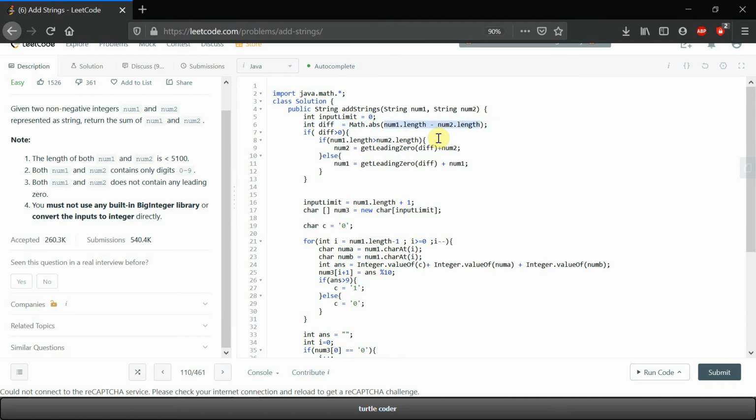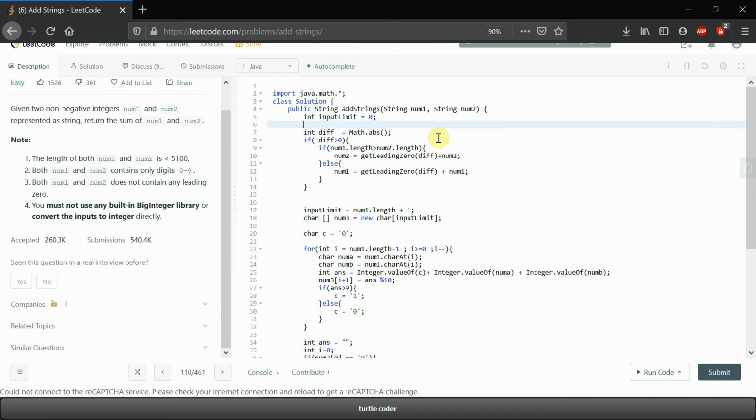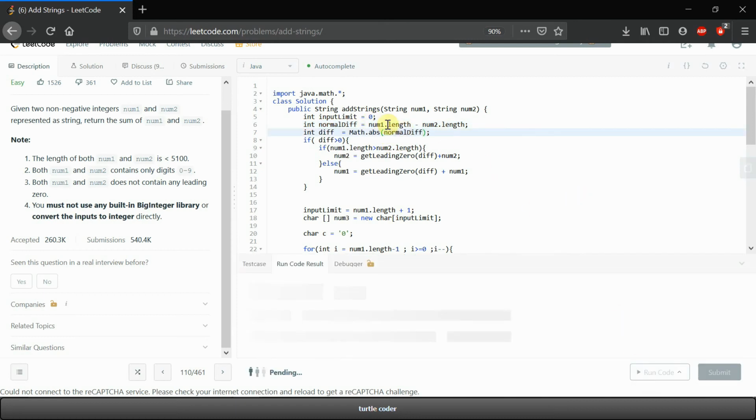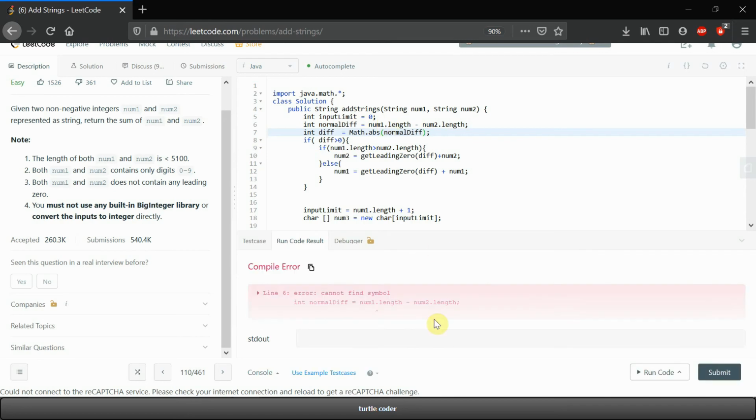Let's try to see if I'm using something wrong with the length API of string. Yes, cannot find symbol num1. Should I use it in an API manner?